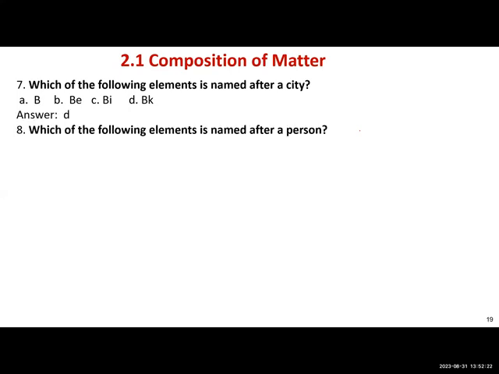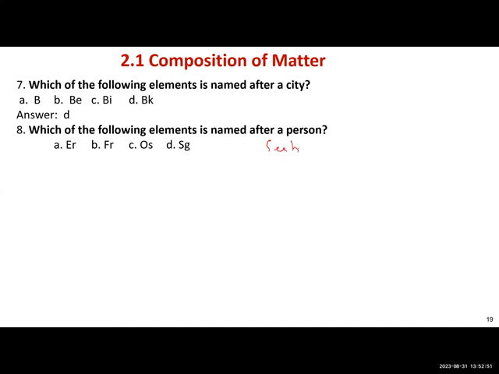Which of the elements is named after a person? Erbium is not. Francium is not a person. Osmium is not a person. Sg is Seaborg. Seaborg is the American chemist who worked for the University of California, Berkeley.